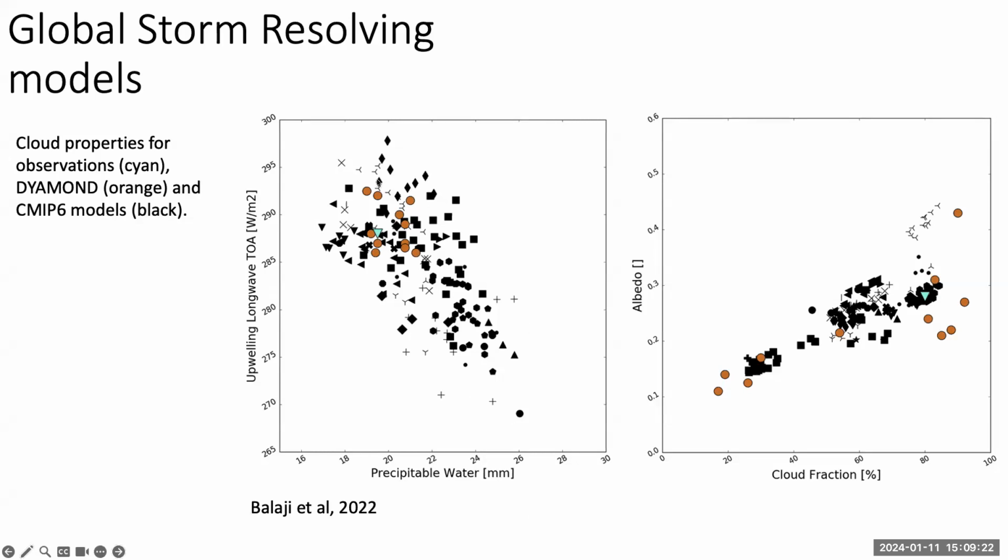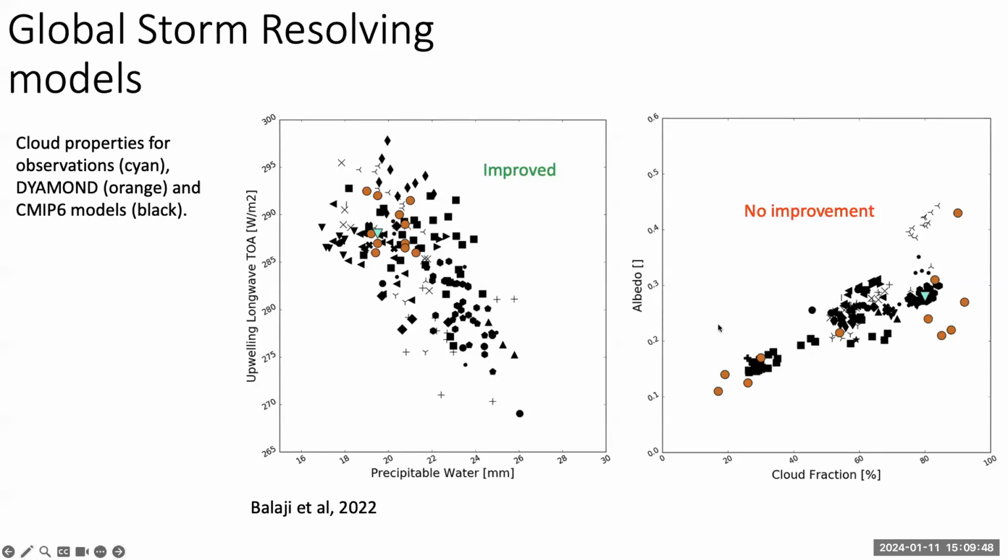And when you look at this phase space, we can see that GSRMs do a better job in representing the observation. However, if we look at the phase space of albedo and cloud fraction, you can see that the GSRMs are all over the place, similar to the GCMs, and there's basically no improvement.